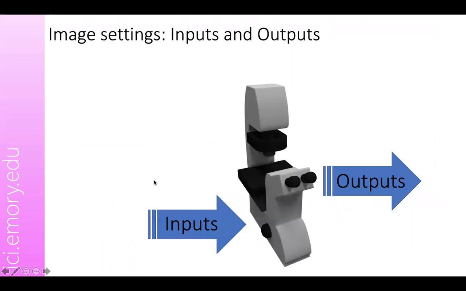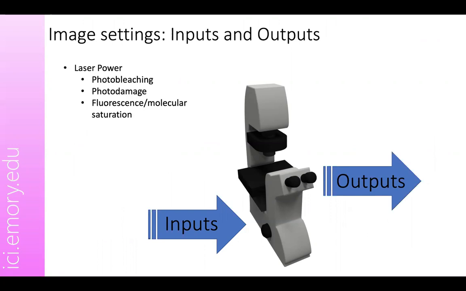Apart from that, no matter what microscope you use, there is something in, there is something out. In is going to be the lasers, or a light source, that you are using if you're doing, let's say, fluorescence. In terms of laser, what do you need to think about? You need to think about whether the intensity, the power of the laser, is going to damage your sample.